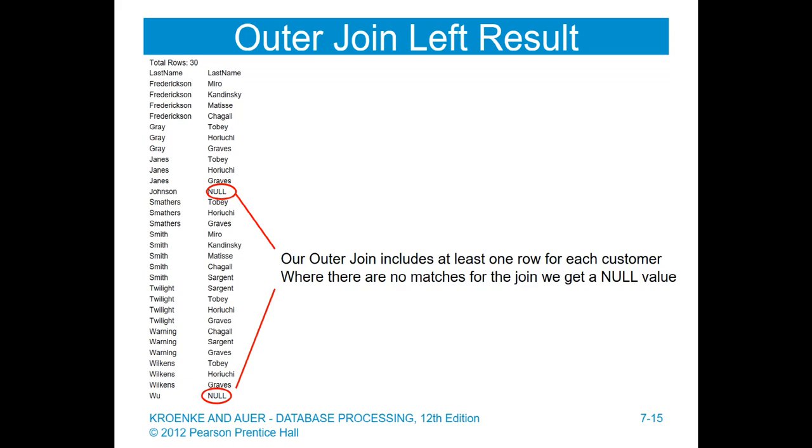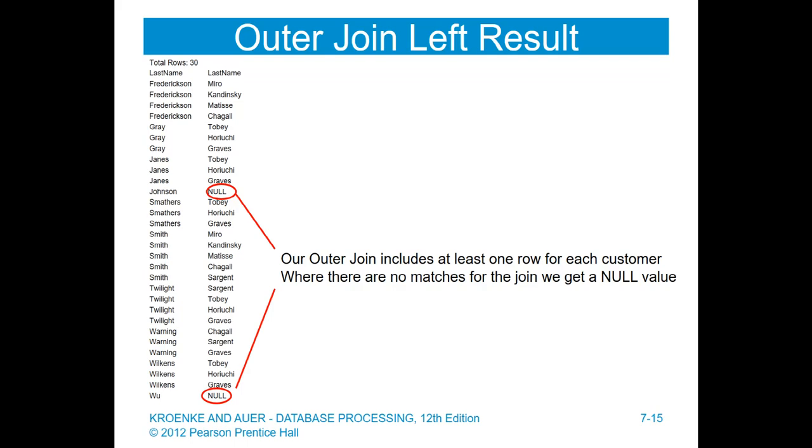So we pick up a null, but we do see it. So now we can be aware, Johnson's not connected to anything. And the same with Wu. Wu is not connected with anything. Our outer join includes at least one row for each customer. Where there are no matches for the join, we get a null value. So now we can see what's going on with our customers.